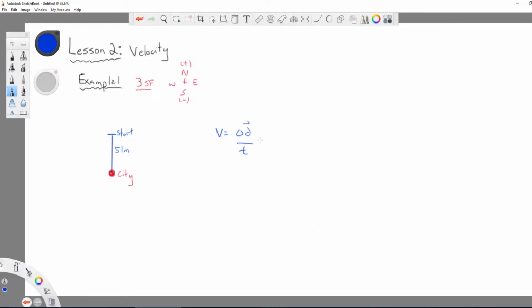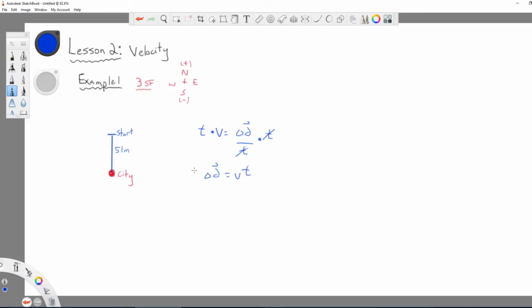We rearranged this in example number 1 of lesson number 1, so if you want a more thorough recap, you're welcome to go back. But essentially, I'm just multiplying both sides by the denominator, canceling these out, and we're left with the displacement equal to velocity times time.